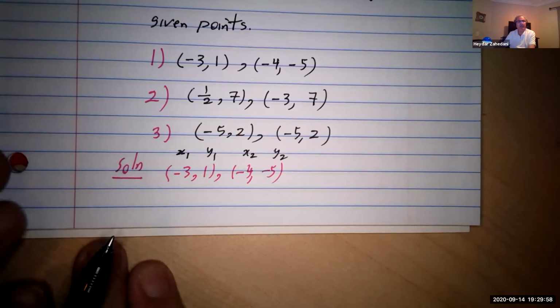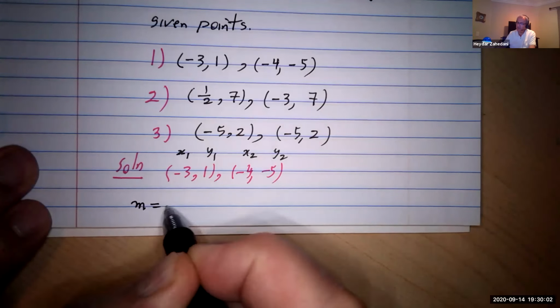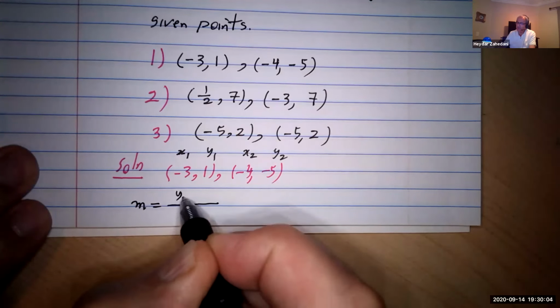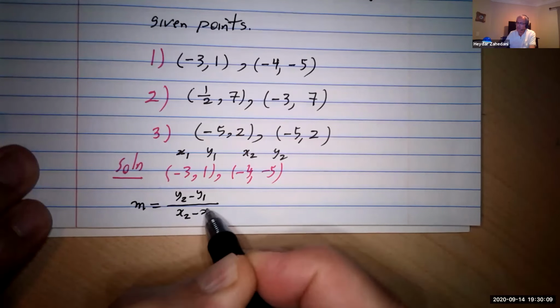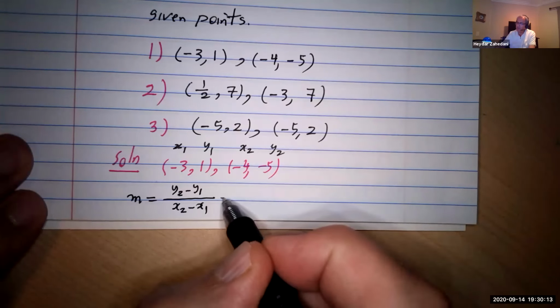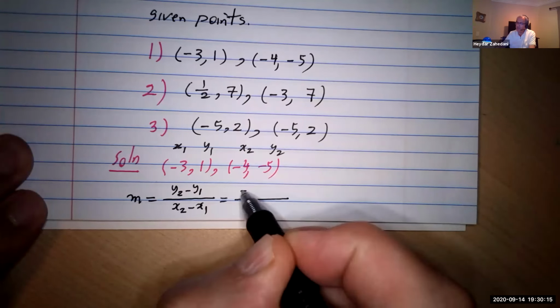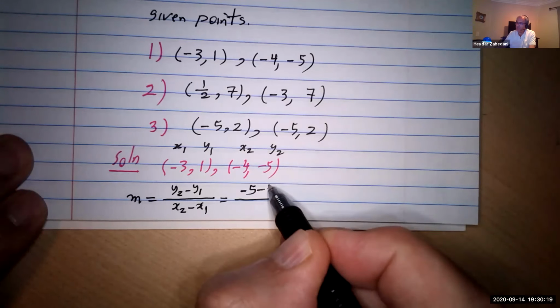Write your formula and substitute. So m is equal to y2 minus y1 over x2 minus x1, and substitute. The y2 is -5 minus y1, which is 1.